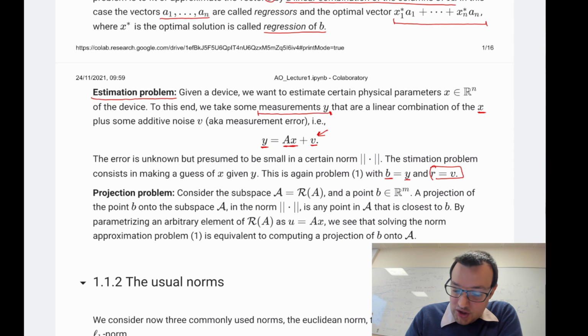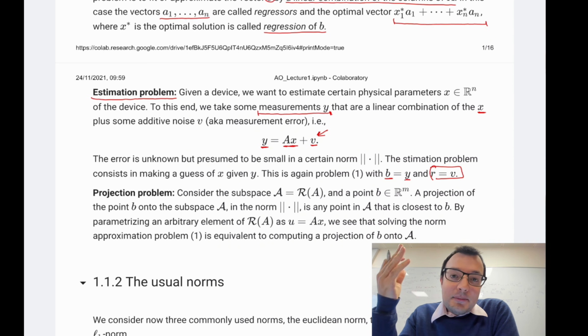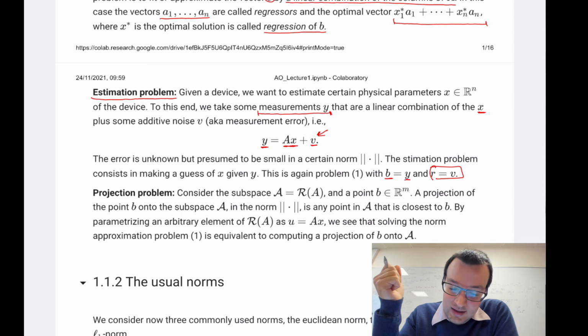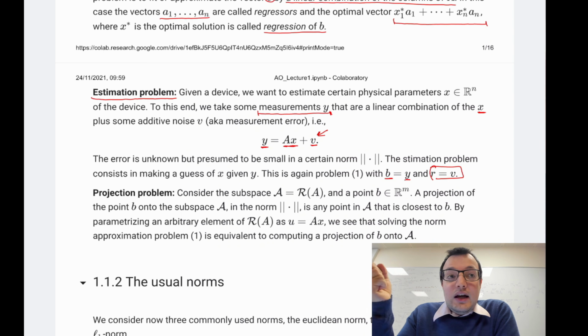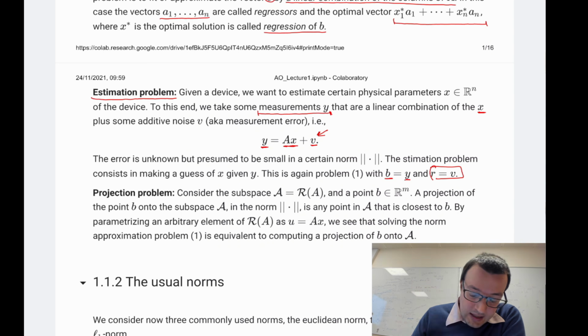Here the residual is essentially a measurement error, and our objective is to make the measurement error as small as possible. So the minimization of the norm of Ax minus b in that case is the problem of finding the most likely internal variables x that can produce these measurements y, and our concept of best estimate is those estimates that are affected the least by a certain measurement noise.